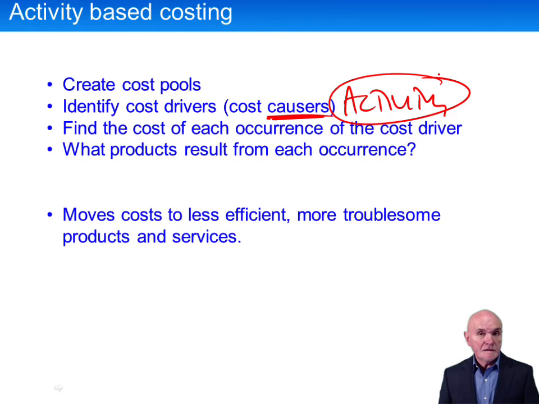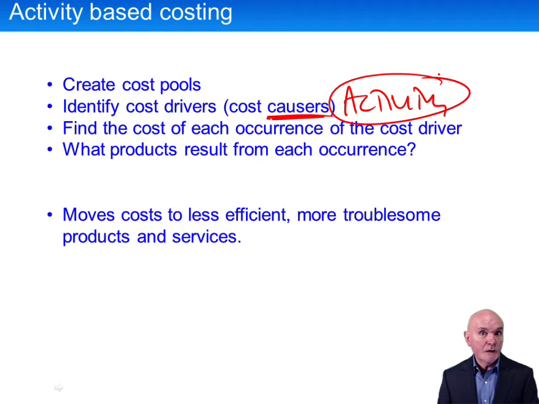Find the cost then of each occurrence of the cost cause or the cost driver. So every time you inspect 100 items, what's that going to cost? Every time you set up the production line for a run, what is that going to cost? And then once you have the activity cost, or the cost per activity occurrence, you can work out, for that cost, how many units am I getting?